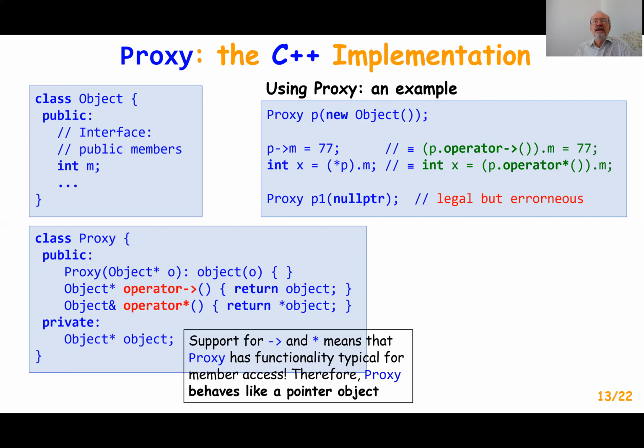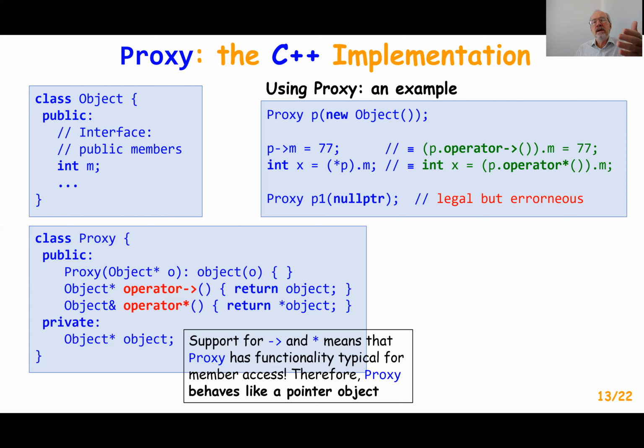And after that, we can use this proxy P for getting access to elements of class object. And again, each access to object is done via proxy. And having these two operators overloaded, star and arrow, we can automatically get all access to the interface of class object. The two lines in the middle of the use case show that.